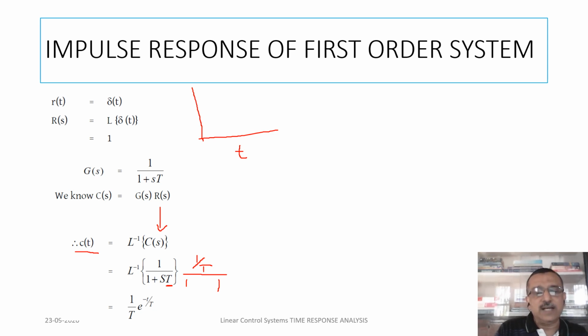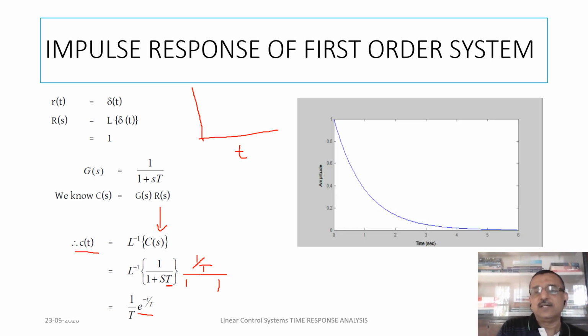As t increases, what will happen to e power minus t by tau, where tau is the time constant? I'll pause for a while. It will decay, isn't it? So that is what is happening.